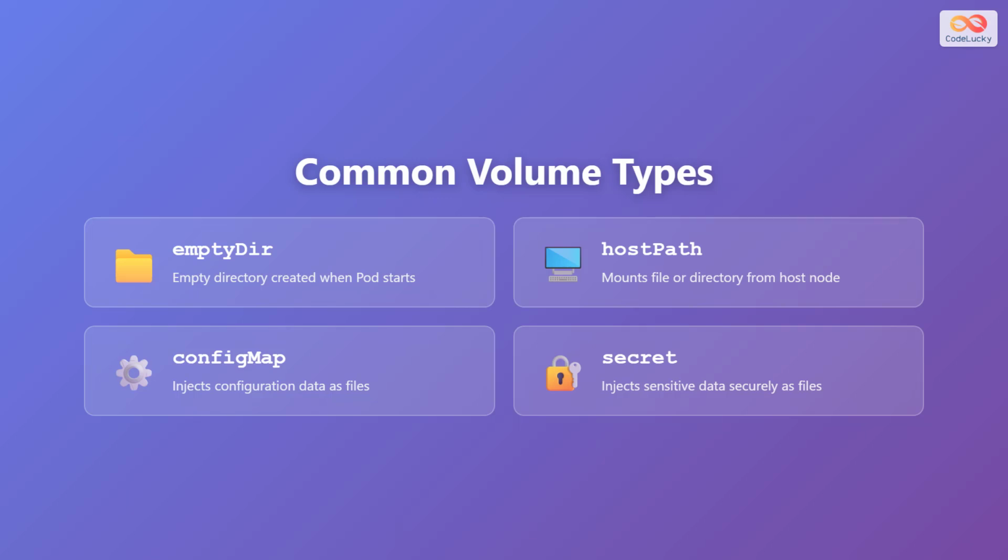Third is configMap, which injects configuration data from configMap objects as files in the container. This is great for externalizing application configuration. Fourth is Secret, which works like configMap but is designed specifically for injecting sensitive data like passwords and tokens securely. Each volume type serves different purposes, and choosing the right one depends on your application's needs.